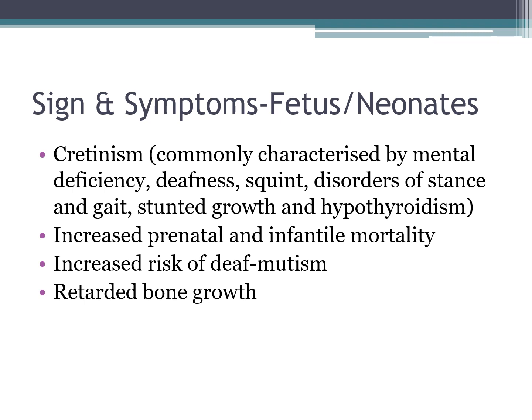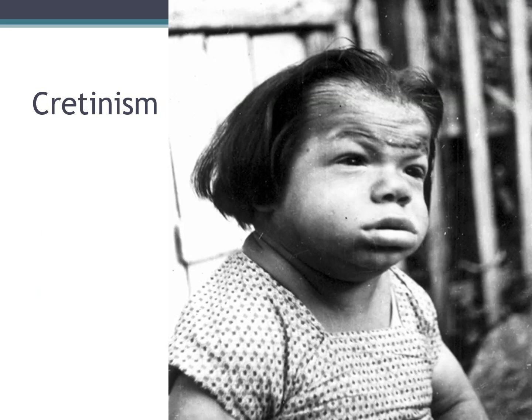Cretinism is associated with mental deficiency, deafness, squint, and a permanent decline in intellectual function, about 10 to 15 points from the baseline. There is increased mortality and reduced bone growth. This is the picture of cretinism, and we can see this typical hypothyroid look with puffy face.